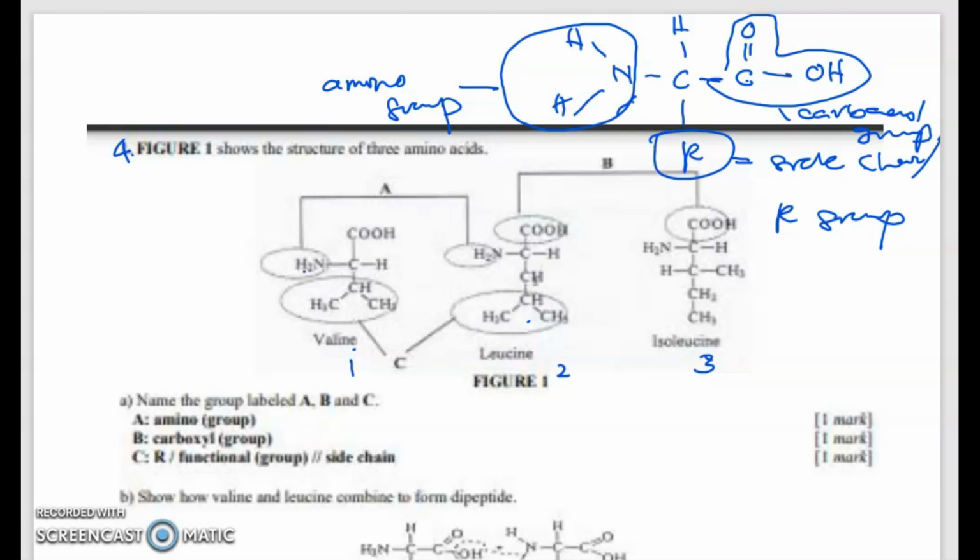So A is NH2, so A is amino group. B is COOH, means C double bond OOH, so it is carboxyl group. And then C is referred to as the side chain. So C is side chain, and R group also can be accepted.